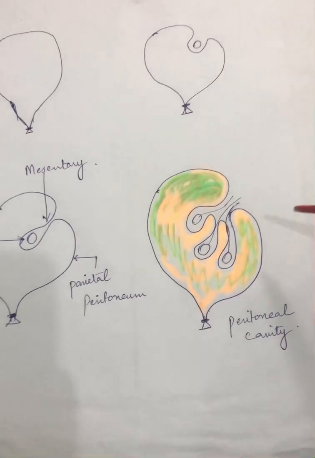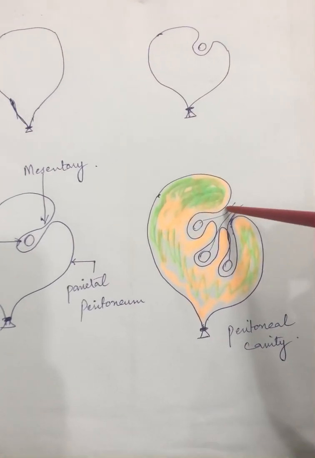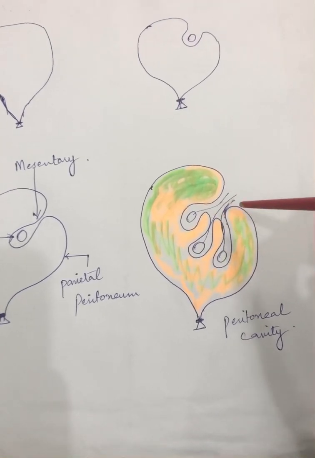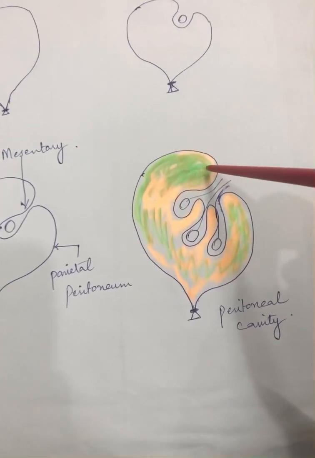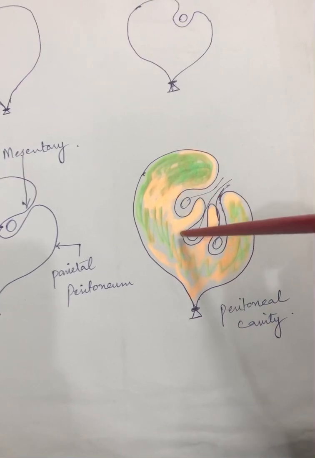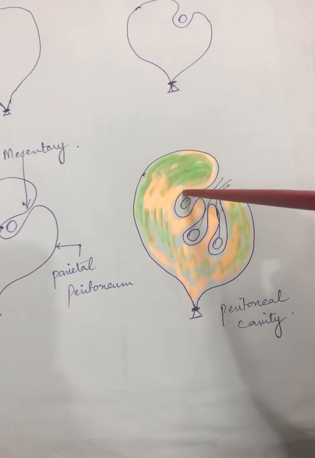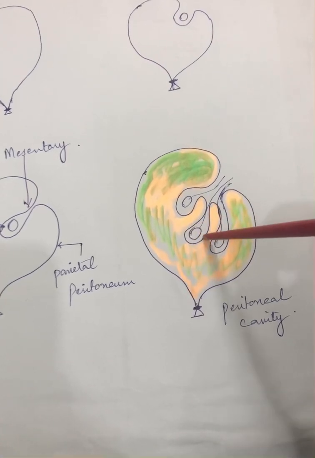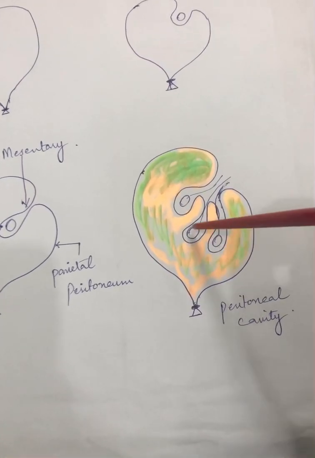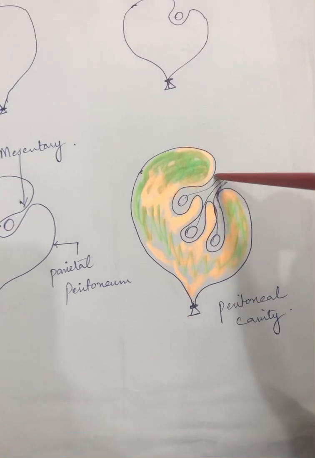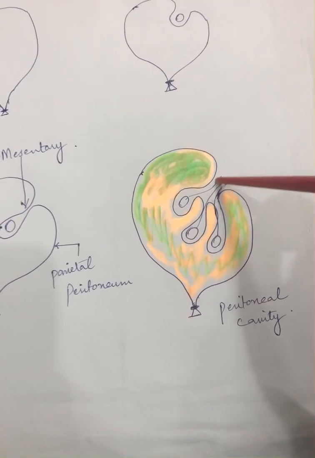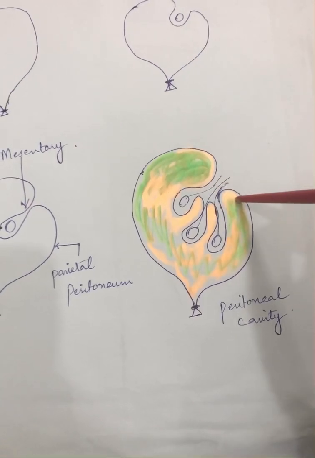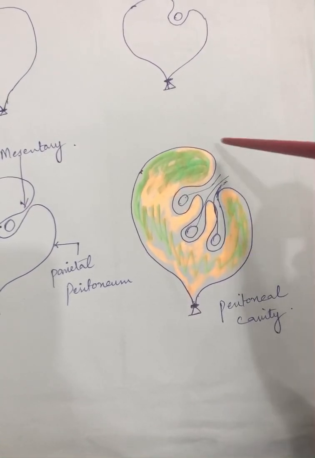But here again I've tried to show the same concept in a more complicated form. So this is our viscera surrounded by visceral peritoneum all around. Here these are viscera, and here we have got mesentery. It becomes a double layer of peritoneum, and this is parietal peritoneum outside.